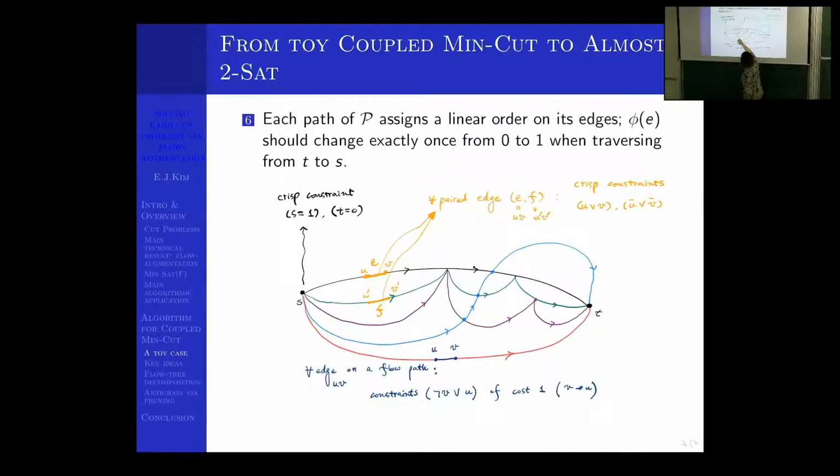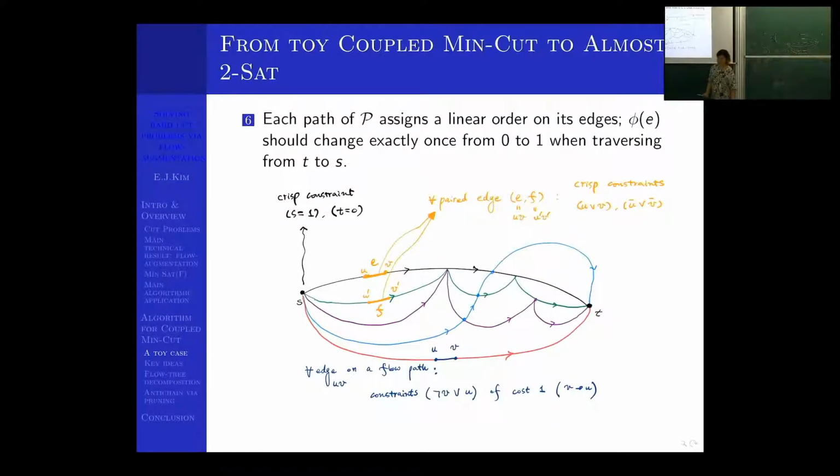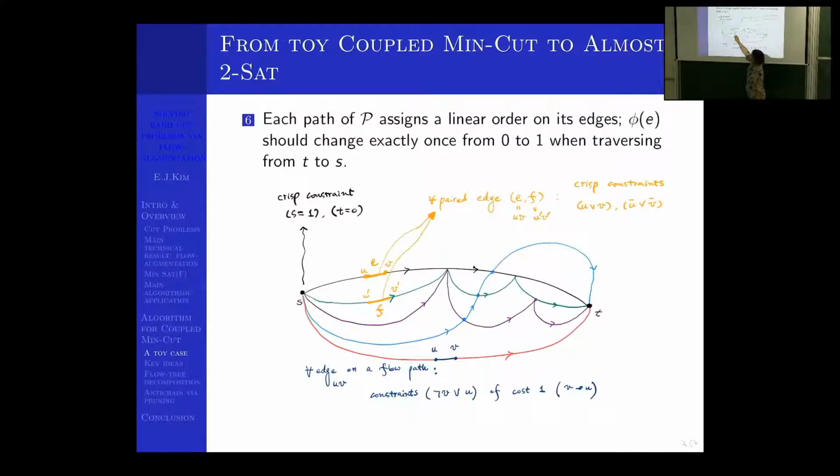For every such paired edge, we make this constraint, and it cannot be violated. So how do you impose that U and V prime are different? You just add it and make it crisp. Is it clear that this imposes that U and V prime are different? Okay. So this imposes that we always choose these pairs.